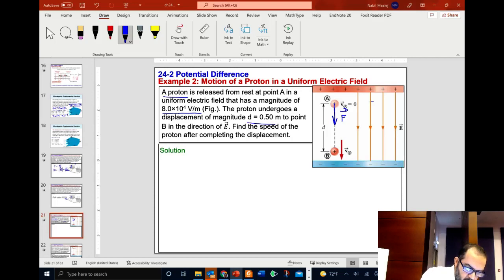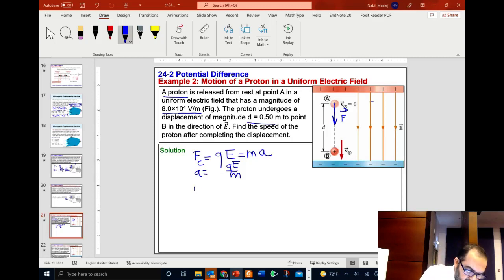Here we can write the electrostatic force is equal to the charge Q times E. Since the proton has a mass, this is equal to the mass of the proton times the acceleration a, and we get the acceleration a is QE divided by m. Since this is a constant force, we have constant acceleration, so we can use equations of motion at constant acceleration.